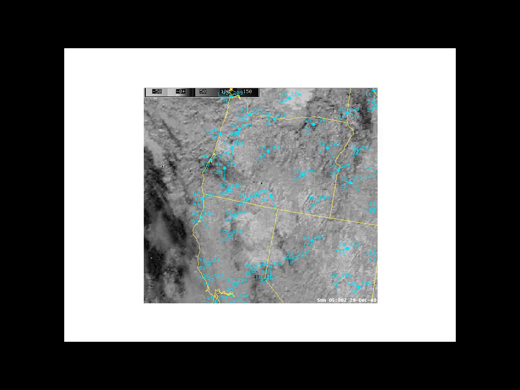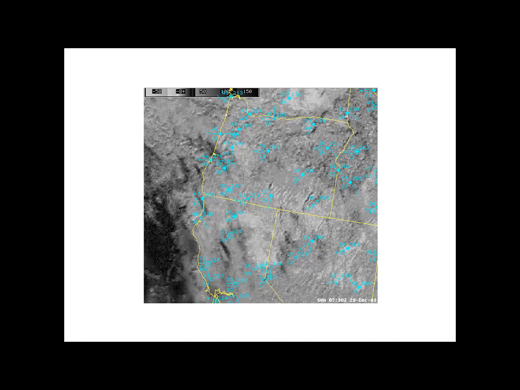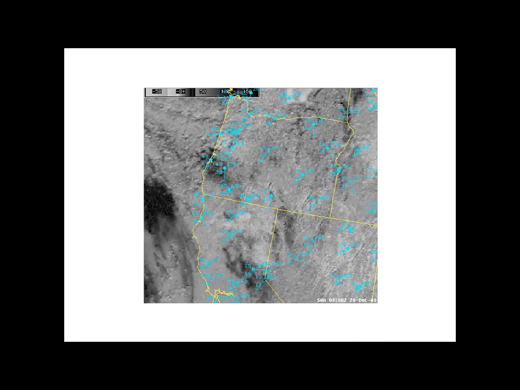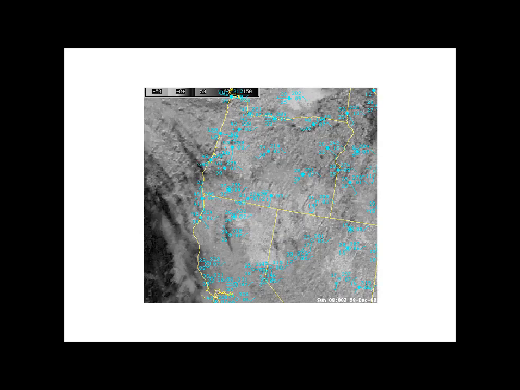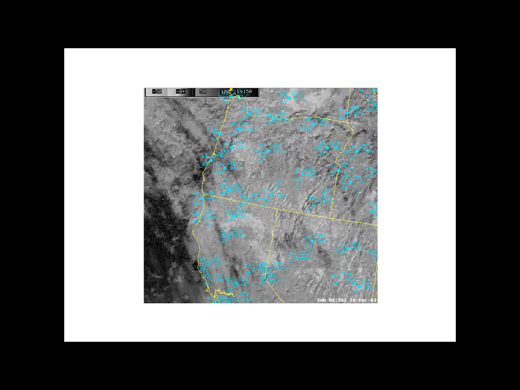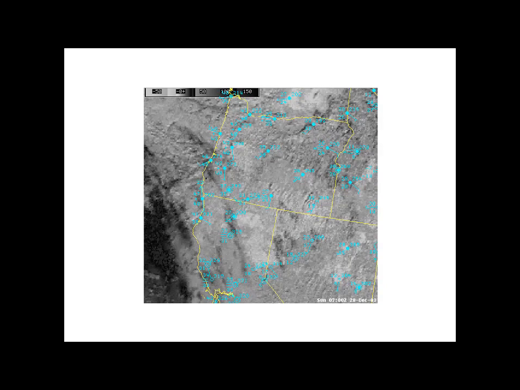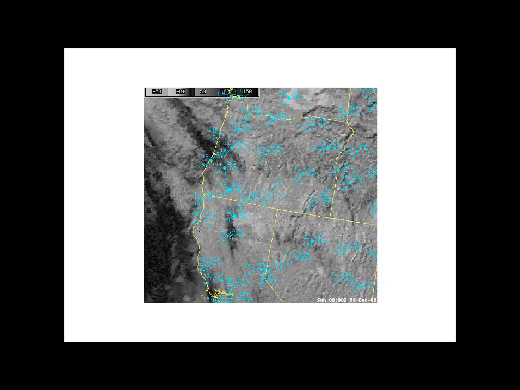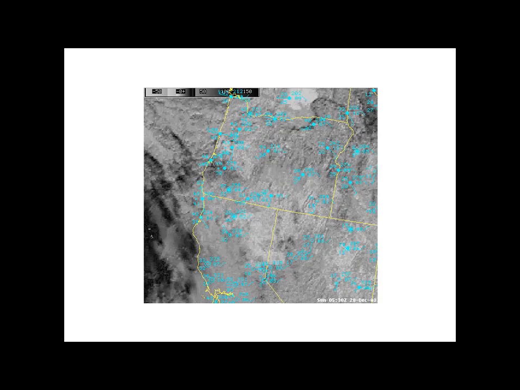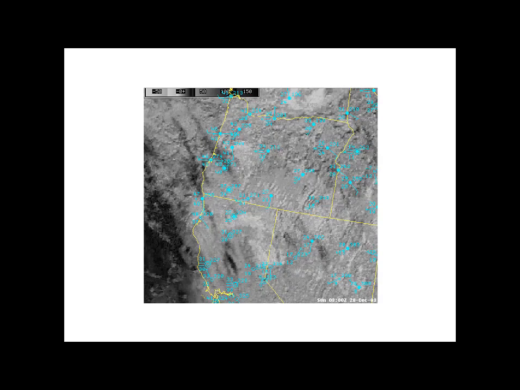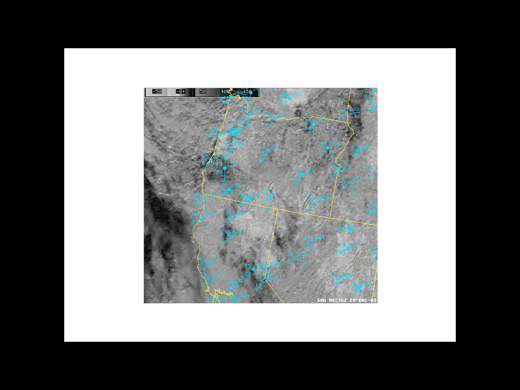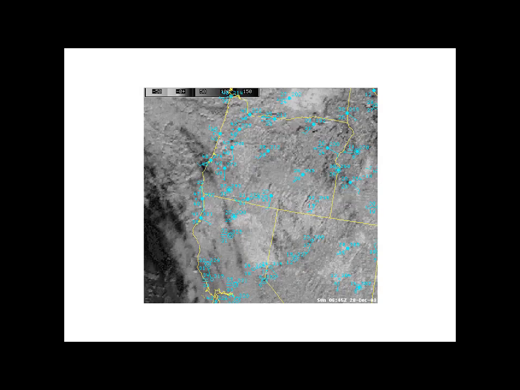Now here's a fog product taken between 3Z and 9:30Z on the 28th of December with METARs overlaid. And as you probably already know, this product is made by differencing the 10.7 micron and 3.9 micron channels. As we loop this through, we'll see that in this particular case, stratus and fog are white, ice clouds are black.